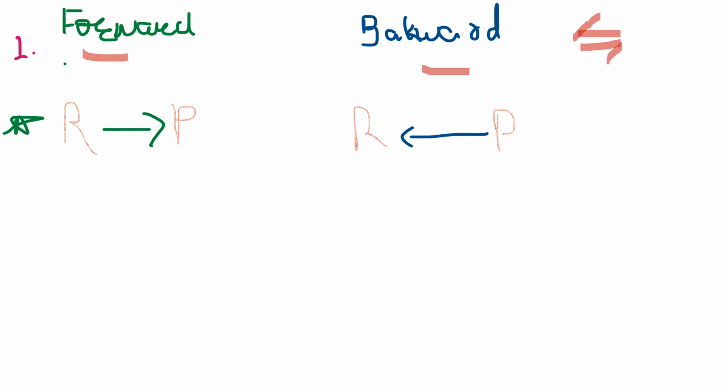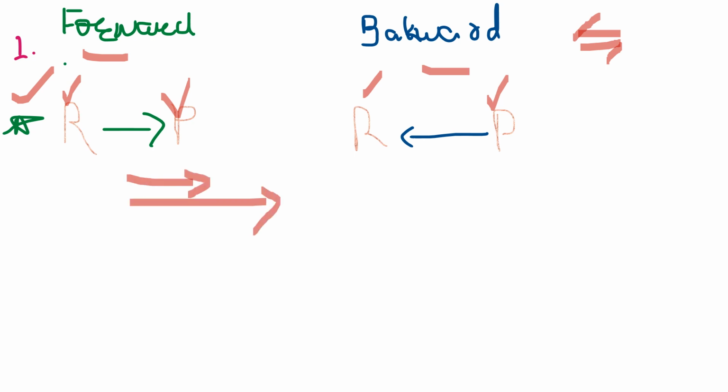In this condition, the first thing that we should keep in mind is that forward reaction includes the process that makes the reactant into product, but in the backward reaction, the product becomes the reactant. Simple. The thing to be noted is that whenever there is an arrow from left to right, that means it is a forward reaction.